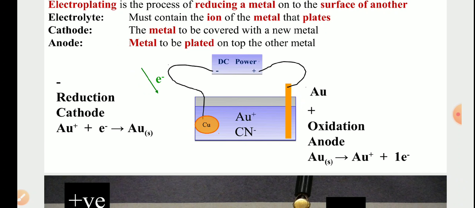So ultimately there will be a continuous increase of the layer of gold on the copper, and the gold at the anode will decrease as it goes into the solution as a cation. So ultimately we will get gold plated copper.